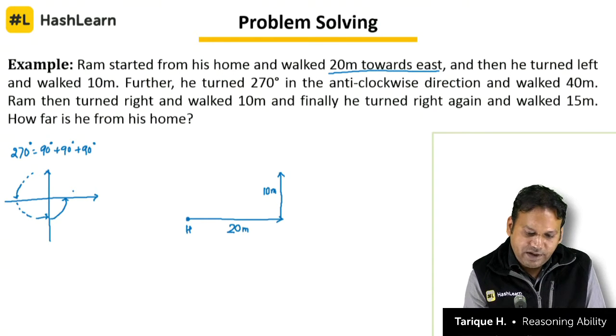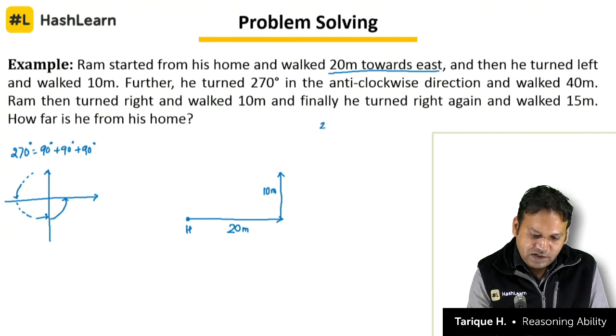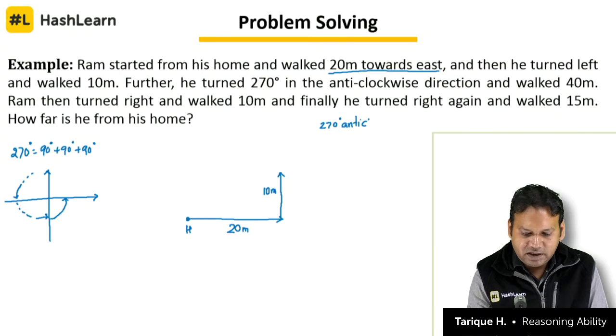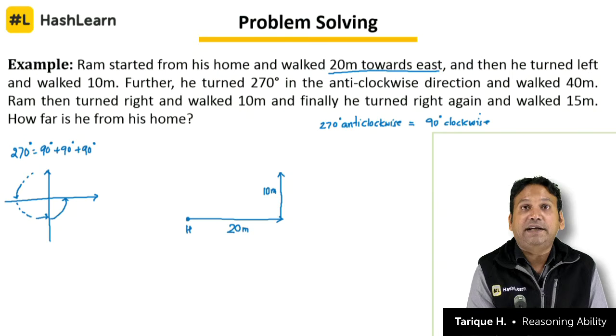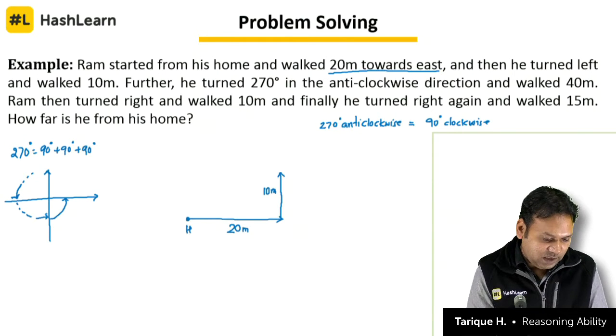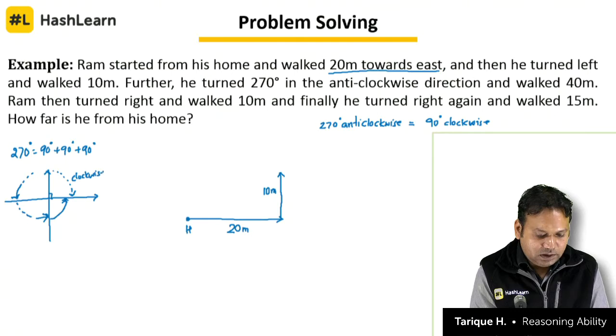But turning 270 degrees anti-clockwise is the same as turning 90 degrees clockwise. Instead of turning 90 degrees three times in the anti-clockwise direction, the person could have turned once 90 degrees in the clockwise direction. This is just to confuse you.